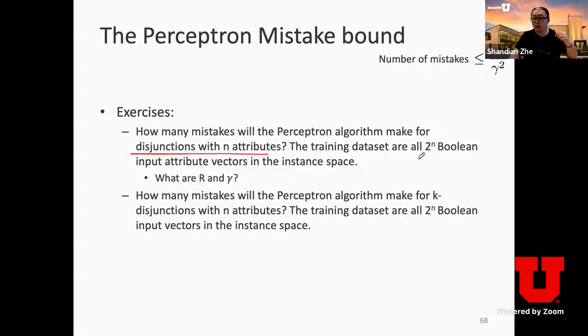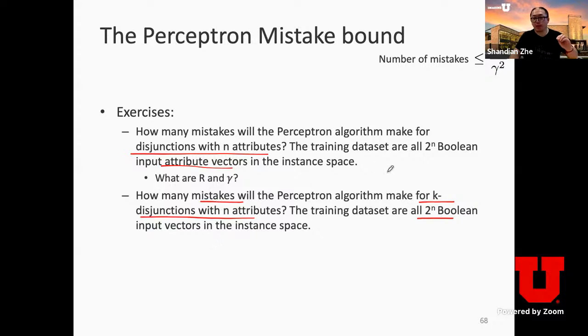Assume the data set consists of all 2 to the n boolean input attribute vectors in the instance space. The second exercise, which is left for you, is to estimate the upper bound of mistakes when you learn a linear classifier for the k-disjunction with n attributes. We still assume the training data set includes all 2 to the power of n boolean variables.